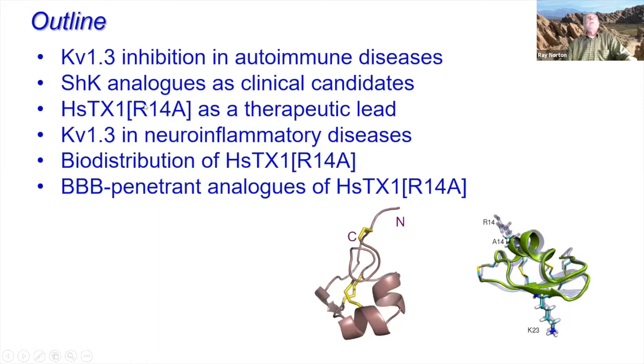Then I'll spend more of the talk on this scorpion-derived peptide, HsTX1R14A, as our current therapeutic lead, and in particular talk about how we're trying to develop that to treat neuroinflammatory diseases, and as part of those studies to understand its biodistribution, and as I'll show you at the end, the need to develop blood-brain barrier penetrant analogues of this particular peptide.